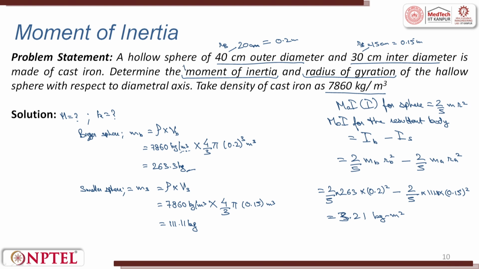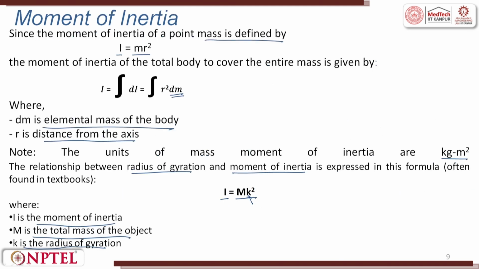The first part is over. Now the second part is the radius of gyration. So recall the relation I is equal to m k squared, where m is the total mass of the object.